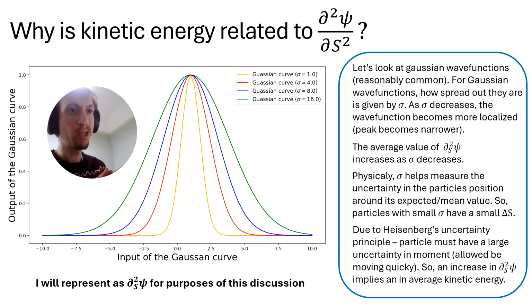Now notice we can use Heisenberg's uncertainty principle and a diagram of the wave function to arrive at the relationship between kinetic energy and derivatives. But we didn't have to bring in the concept of time.